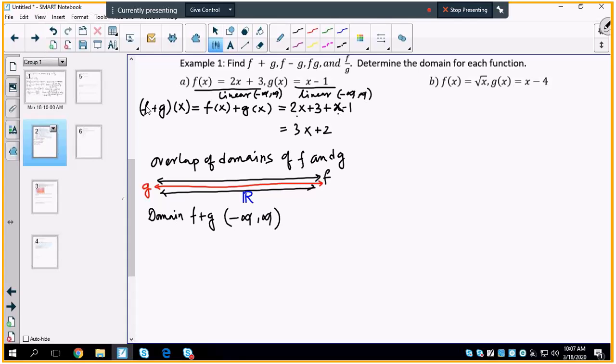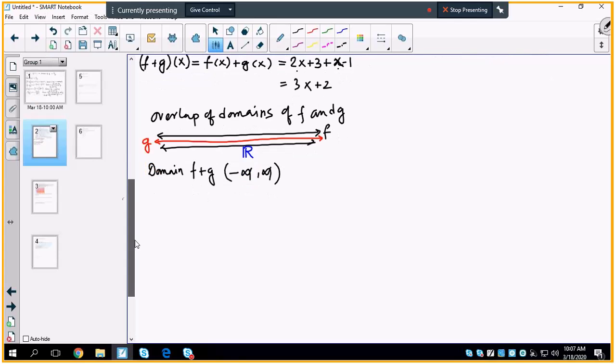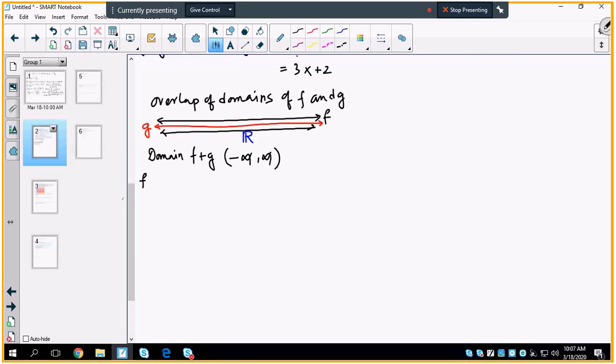Once I have done this work for f plus g, I can repeat answering the other questions, and I don't have to do this number line work anymore for f minus g, f times g, and so to say for f over g. Let's try to find out f minus g now. So f minus g is again a combination of two functions, and it is defined as the explicit definition of f(x) minus the explicit definition of g(x).